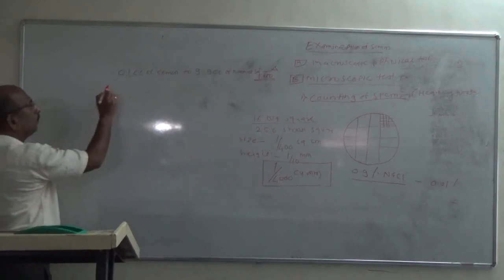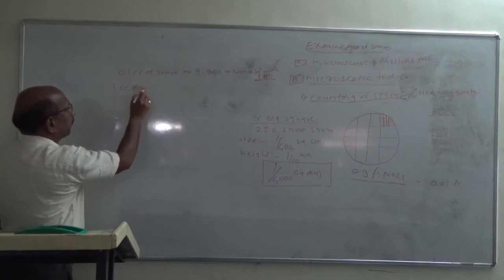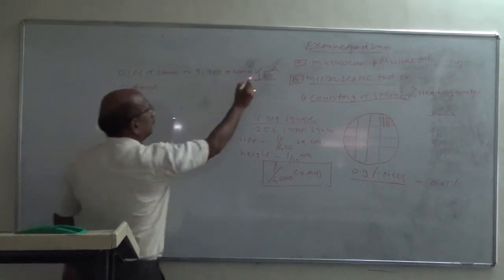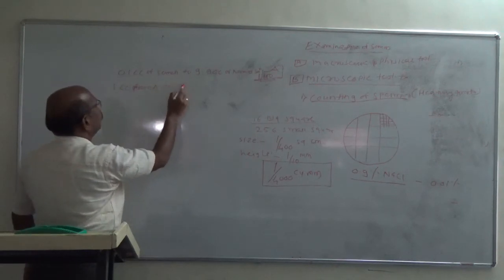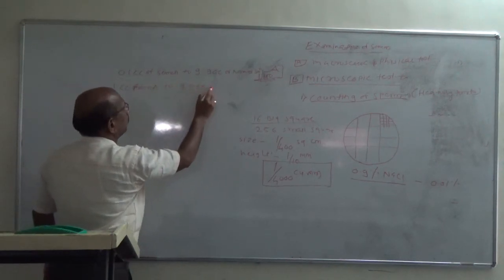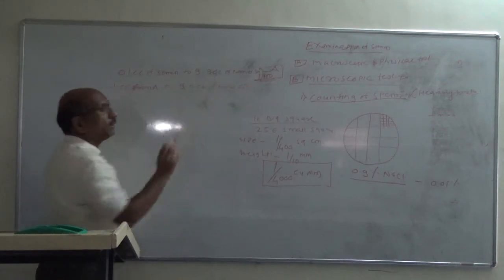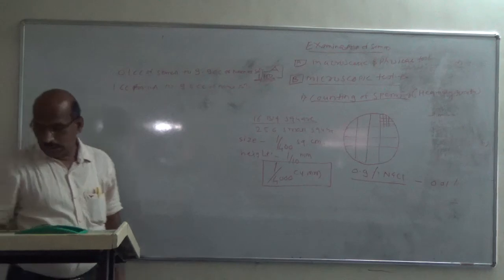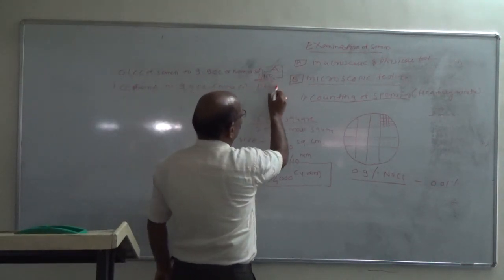Then 1 cc from A to 9 cc of normal solution, so the ratio is about 1:1000.